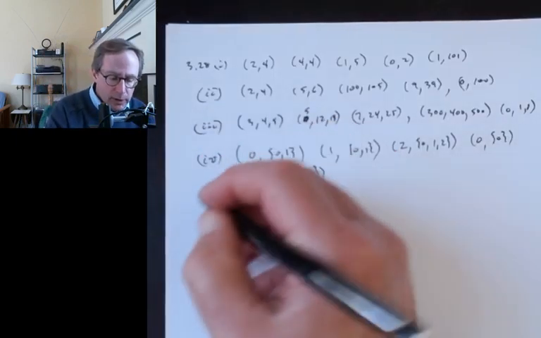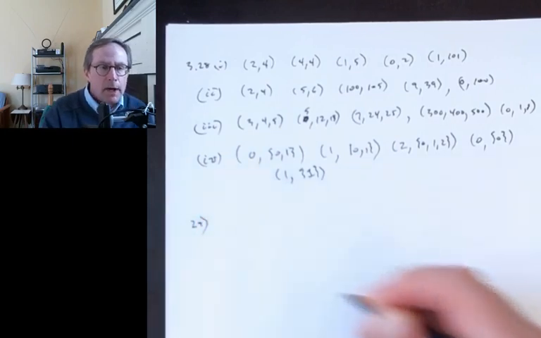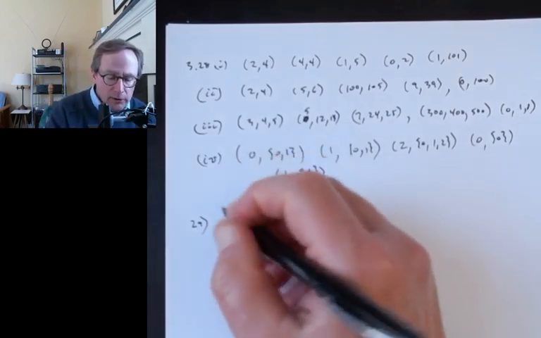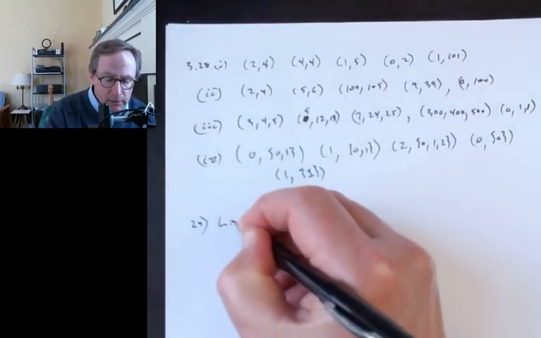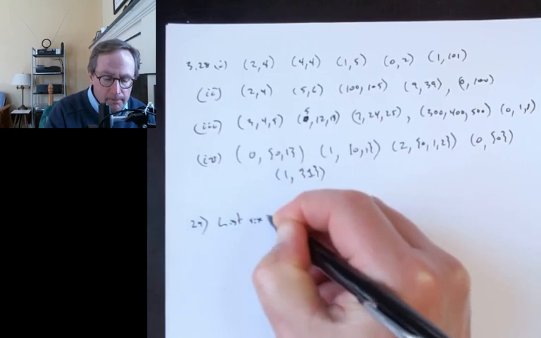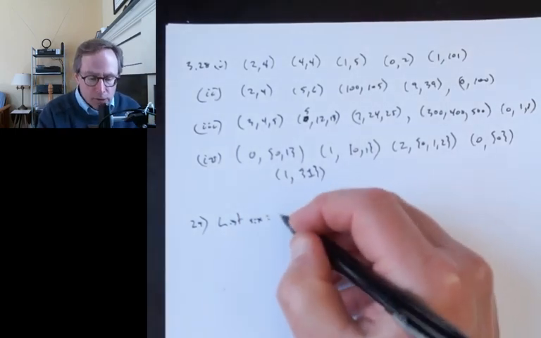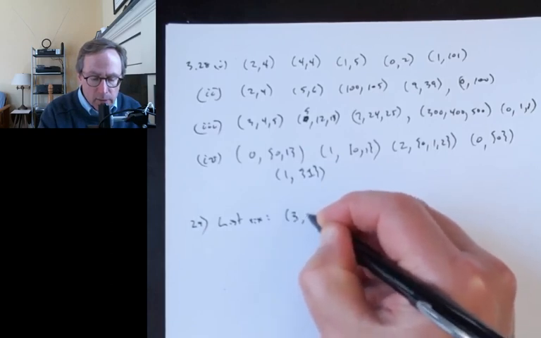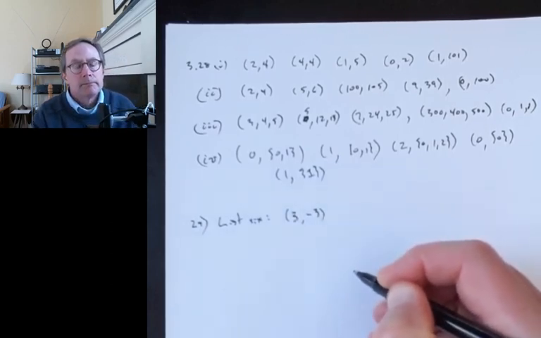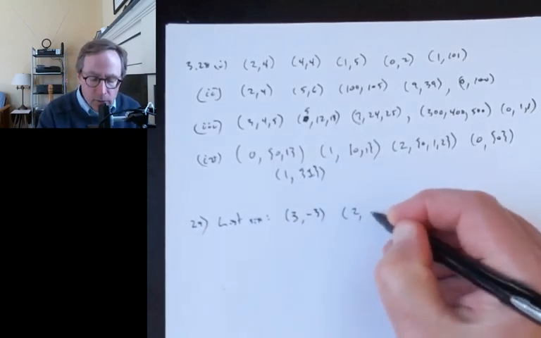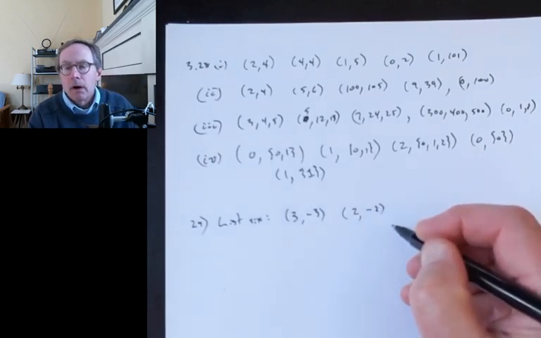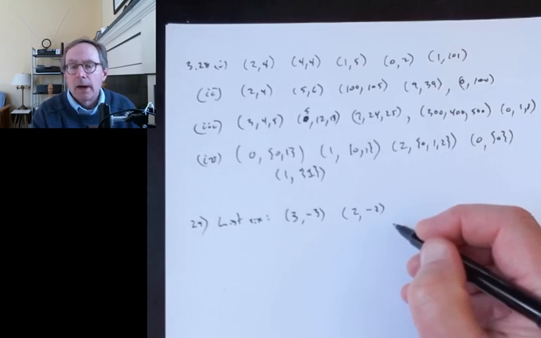Let's try number 29. I'm actually going to try the example first. It says list 6 elements of R sub f. So I'm going to list, I think that the square of 3 and the square of minus 3 are the same. The square of 2 and the square of minus 2 are the same.